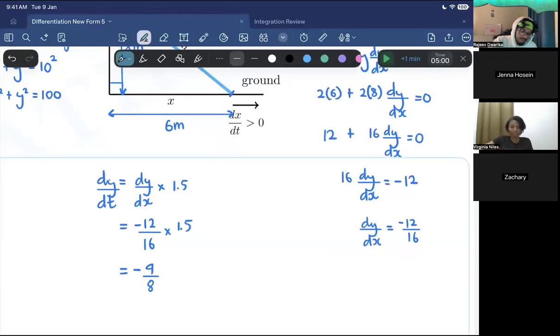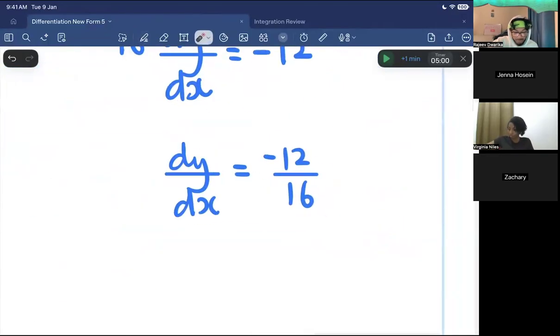And by the way, guys, something really cool here. Do you think dy over dx would have any dimensions? No. Let me ask Jenna about the units. Jenna, what's the unit for y? Centimeters. And the unit for x? Centimeters. So centimeters over centimeters.